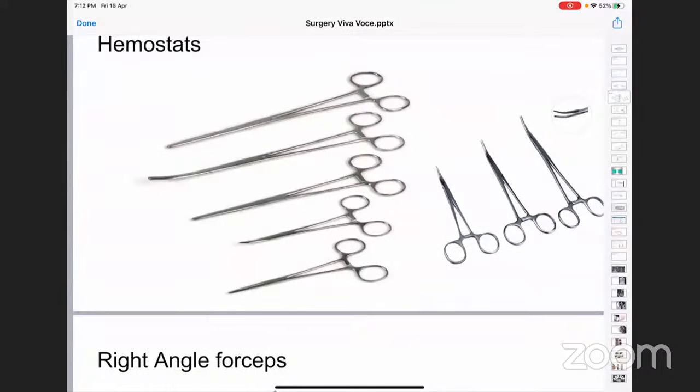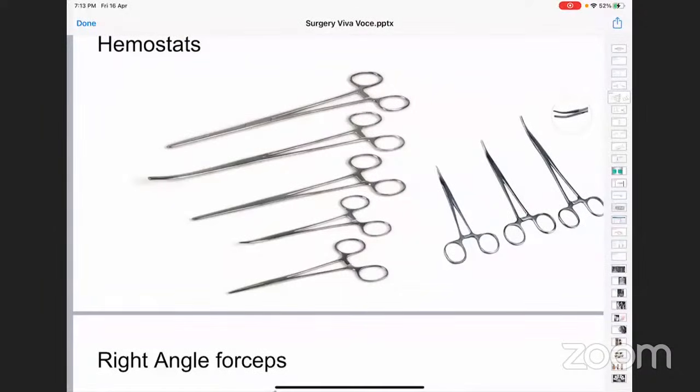Again, these instruments have a ratchet or a lock, and then they have a box joint, and then the blades are long, and then they are serrated, and they are traumatic. That is, if you apply it to a tissue, it will crush the tissue. So the blades can either be straight or curved. And then if it is large and heavy, it is termed a hemostat or an artery forceps.